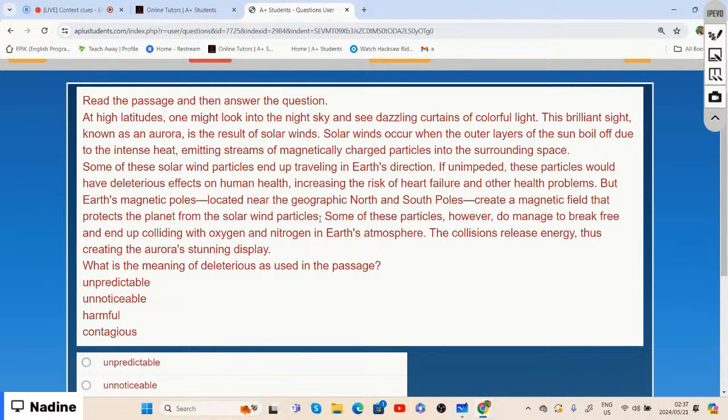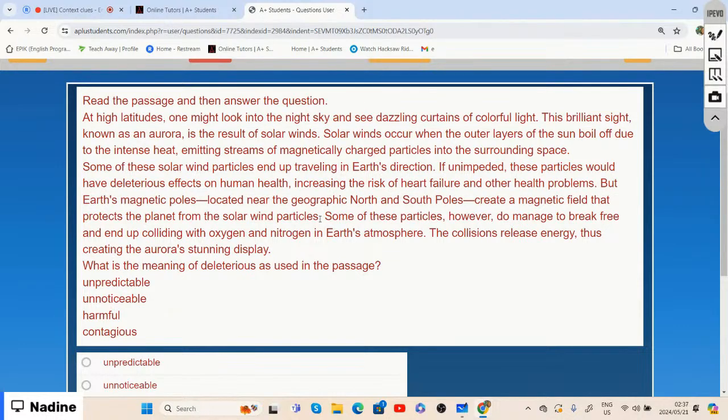Some of these solar wind particles end up traveling in Earth's direction. If unimpeded, these particles would have deleterious effects on human health, increasing the risk of heart failure and other health problems.